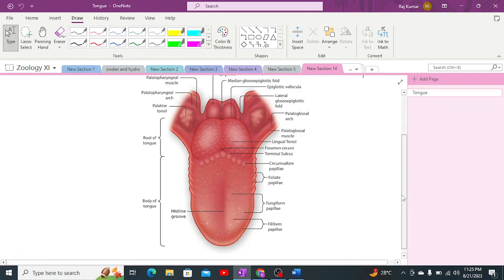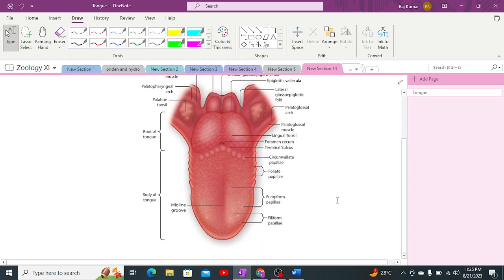The posterior part of the tongue is extended towards the inner structure of the buccal cavity.